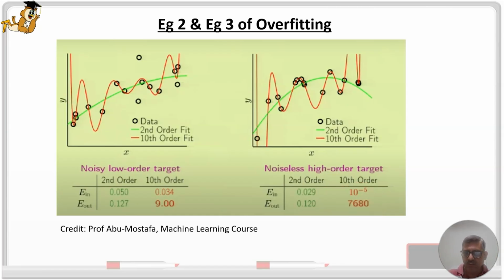So this is the behavior you see when you try to fit polynomials into a noisy low order target or a noiseless high order target. And right here you see something that is absolutely counterintuitive. Okay. These are observations based on examples that Professor Abu Mustafa has run, and I am trying to refer to them to make the point that he has made elsewhere.